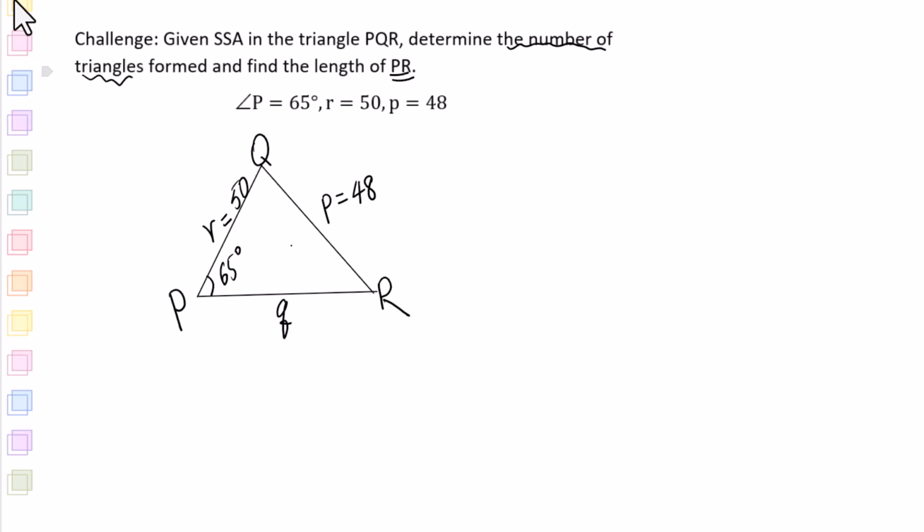For the cosine law, we know c squared equals a squared plus b squared minus 2ab cosine c. We will consider angle P is the included angle.